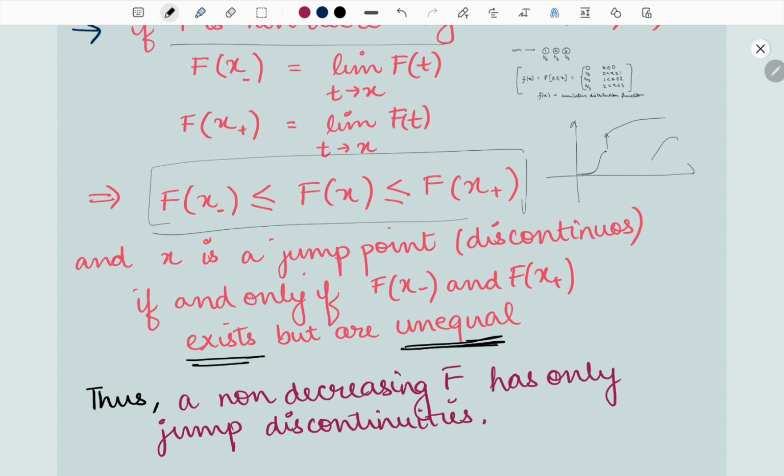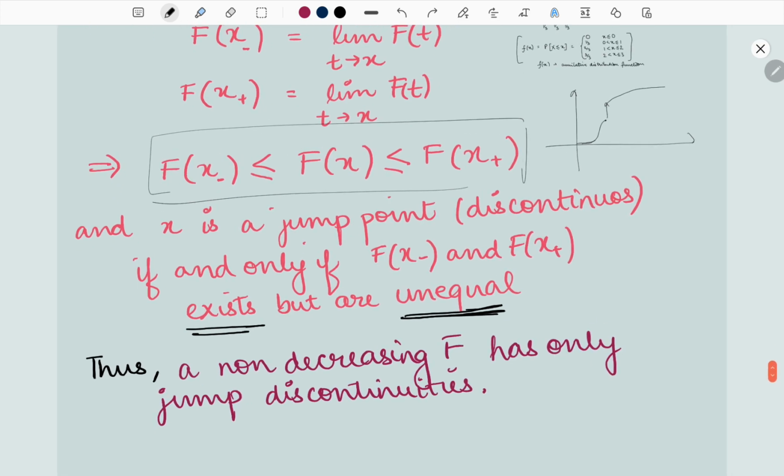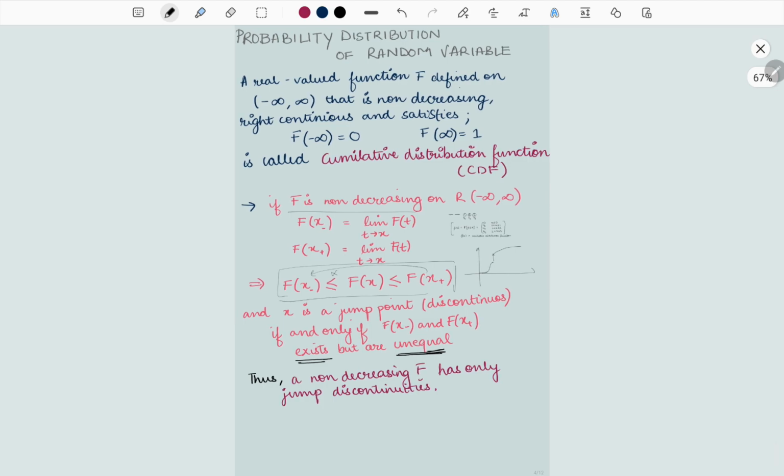It would not be like this. First of all, my graph is wrong. It would not be like this, as that is a downward discontinuity. There will be a jump point if and only if f of x positive limit is not equal to f of x negative limit, but they exist. It is just basic math, so you already know this portion.